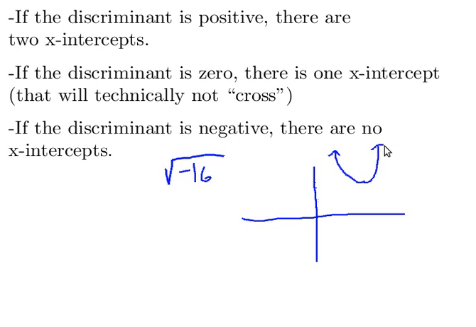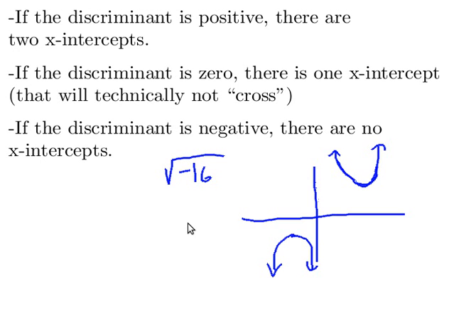That's not a very well drawn parabola. Or it's going to open up down here or something like that. So this is a case where you don't have any x-intercepts.